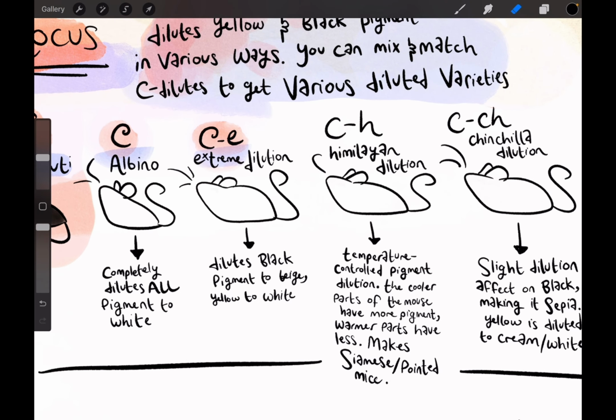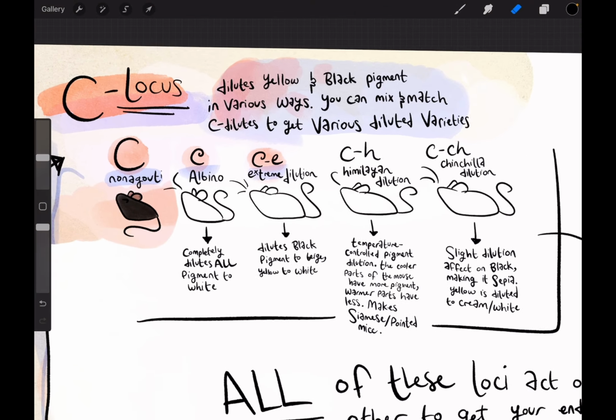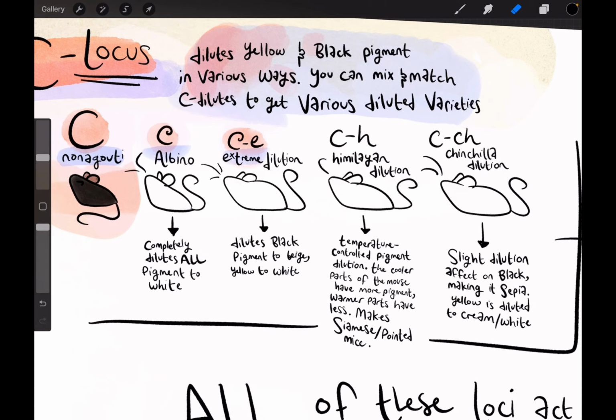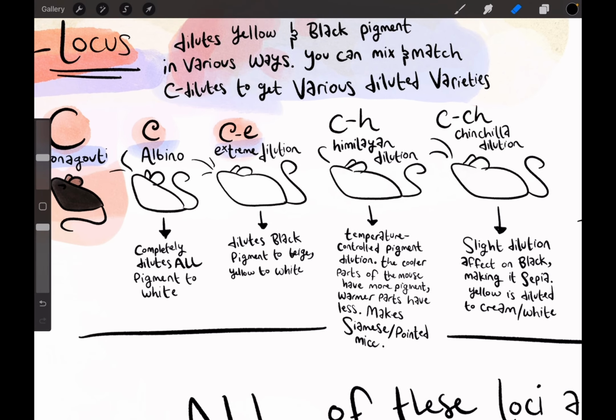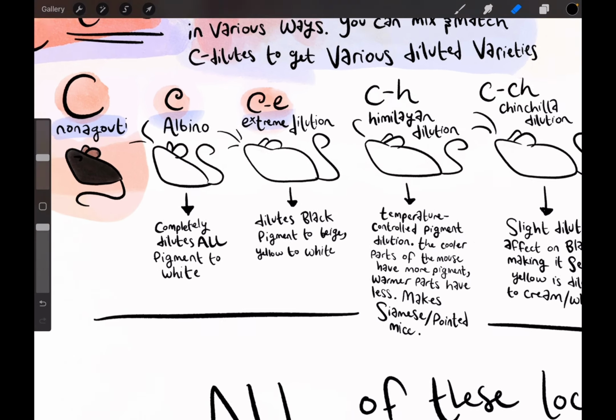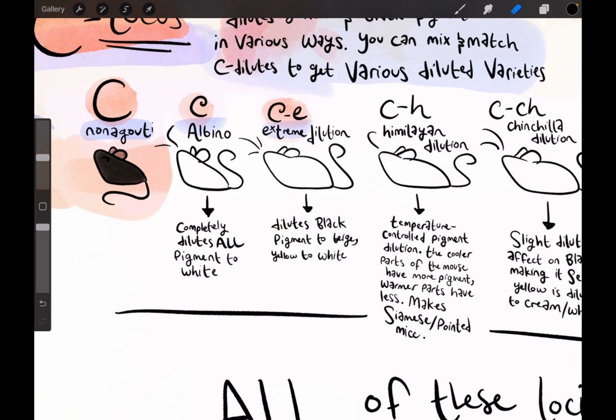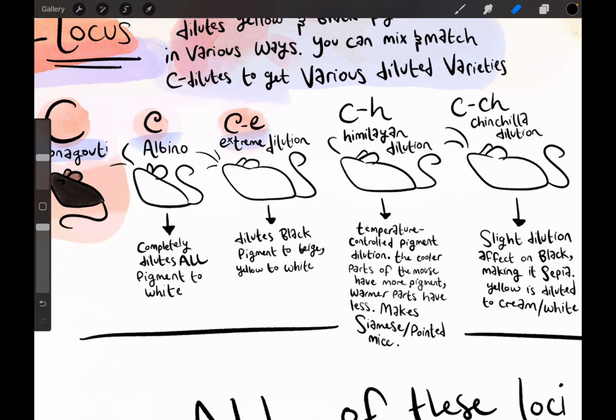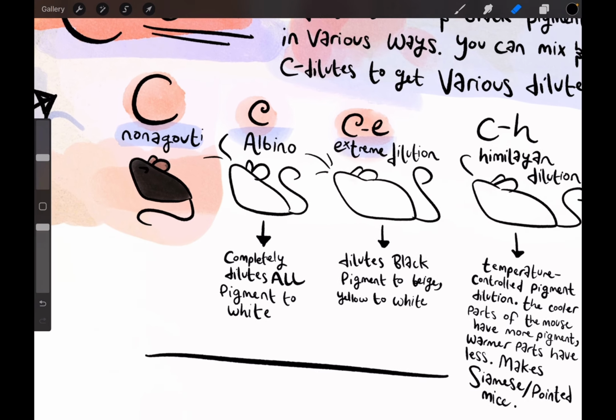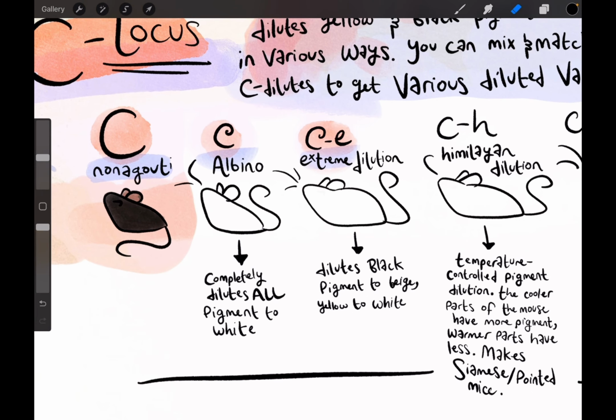Eventually, if you're interested, I can make a video on the C dilutes and how they interact with each other and what varieties they make specifically. Give them a little bit more special attention, just because there is so much that you can do with the C locus. But for now, we'll just start by going over each one individually as if they were homozygous on a black self, so that you can see what their effect would be.